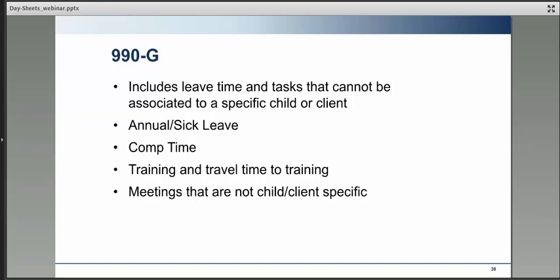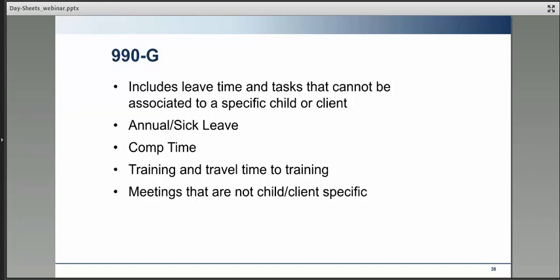Now, what's important to notice is it's not an N, which means it's not all county funds. Back in the day, and again, I'm dating myself, but I was trained that 990G was the equivalent of N, all county funds. That's not actually the case. There is a formula by which the minutes that are coded to 990G actually do bring down some reimbursement based on other coding.